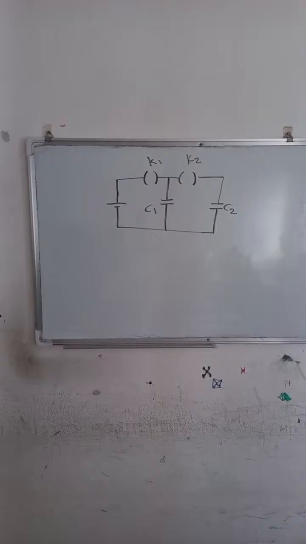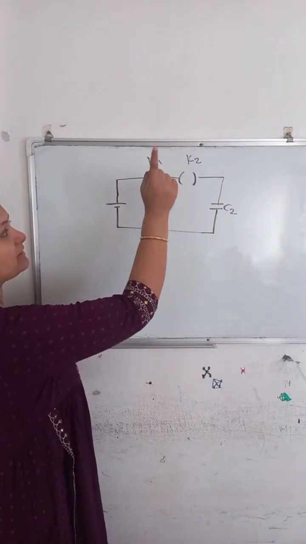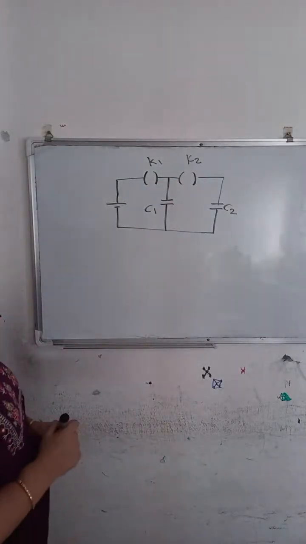Okay, so here in the circuit, initially key K1 is closed and K2 is open, and here how I will explain, listen carefully. This is key K1 and this is key K2.